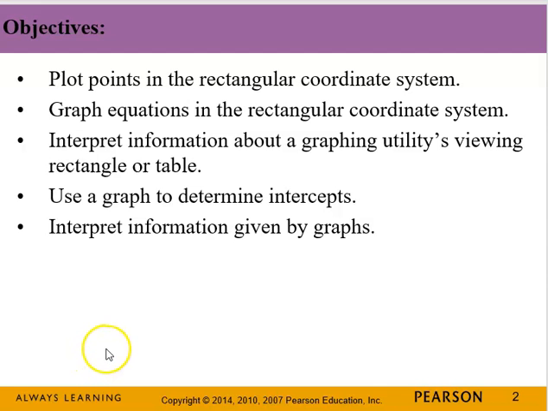The objectives that we'll be going over, and you don't need to take notes on this part: plot points in the rectangular coordinate system, graph equations in the rectangular coordinate system, interpret information about a graphing utility's viewing rectangle or table, use a graph to determine intercepts, and interpret intercept information given by a graph.